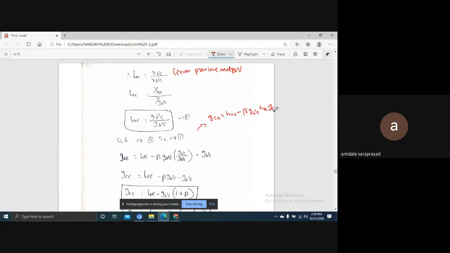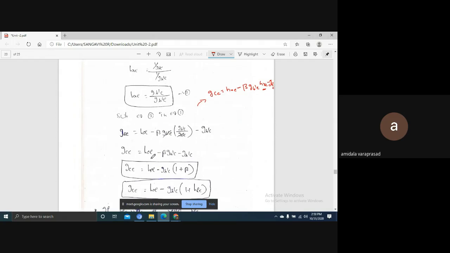In this equation we need to substitute HRE. If we substitute HRE, GB'E will get cancelled. Then GCE is equal to HOE minus beta into GB'C minus GB'C. From these two GB'C terms, take common, and we write 1 plus beta.